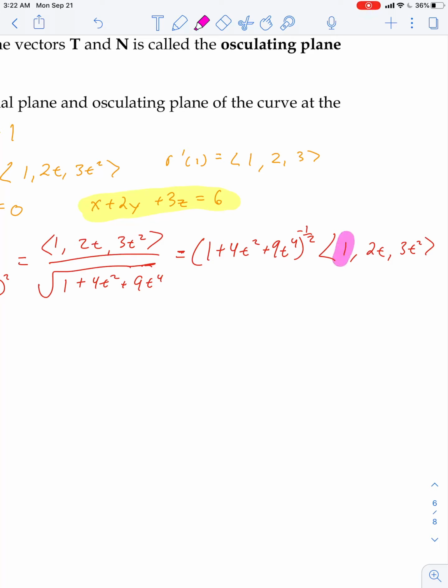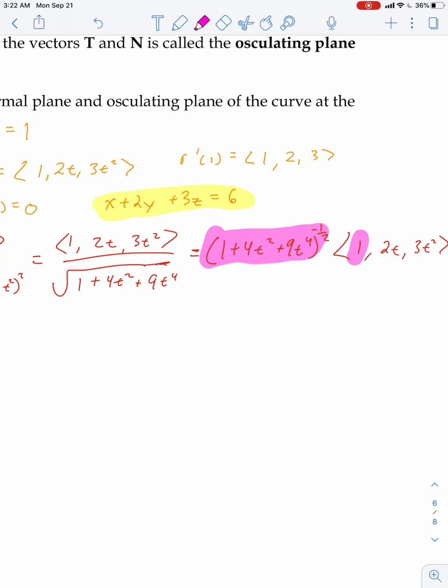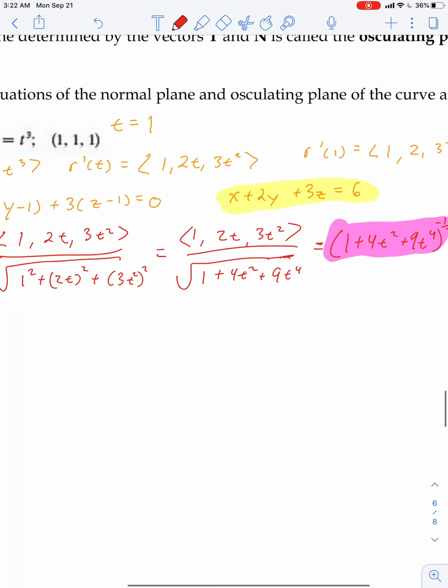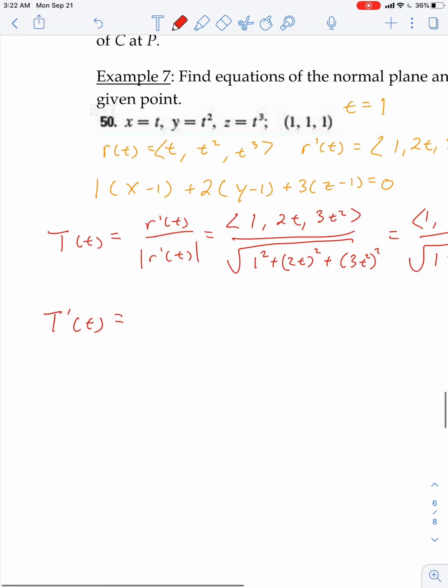I'm going to hopefully denote all that so you'll be able to follow it. I'm going to do the first component in pink, the 1, and I'm multiplying this 1 times all of that. So that's going to be the first vector. Because I'm multiplying those two things, I'm going to show you the product rule. The first thing I'm going to do is take the derivative of 1, which is 0.